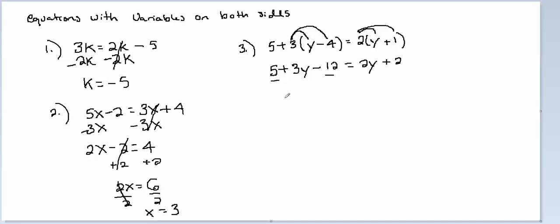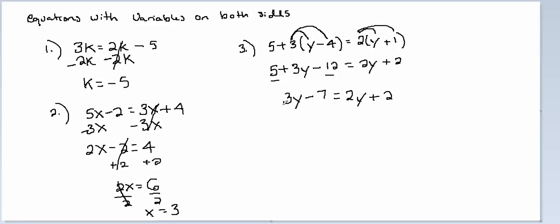So I'm going to write the 3y down, and then I'm going to have a minus because the 12 is larger. So 5 minus 12 is going to give you negative 7. Then equals 2y plus 2. So both sides are as simplified as they go.